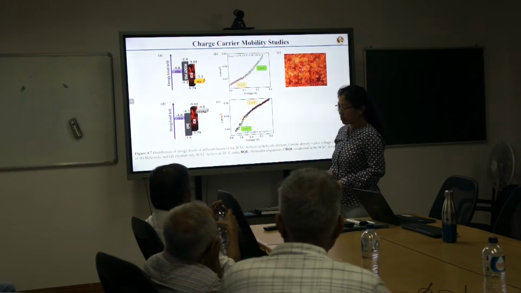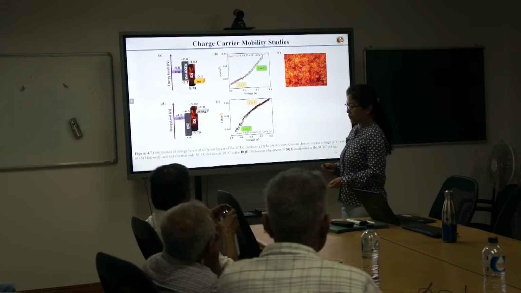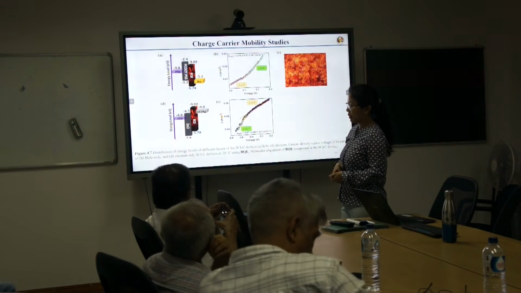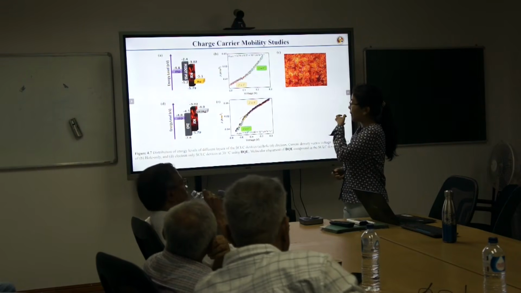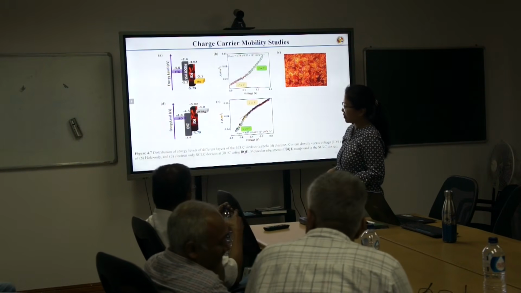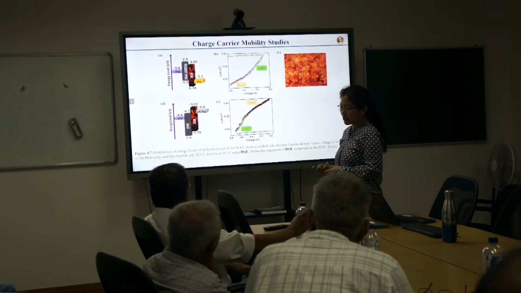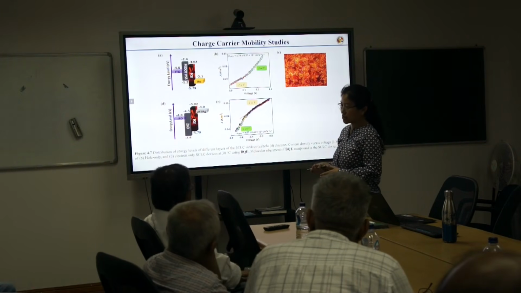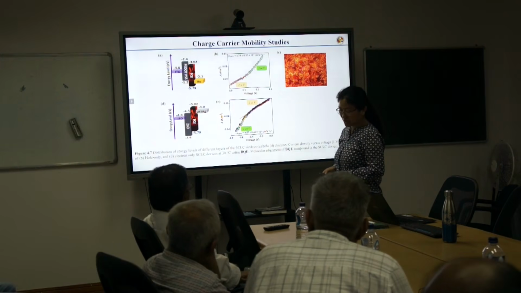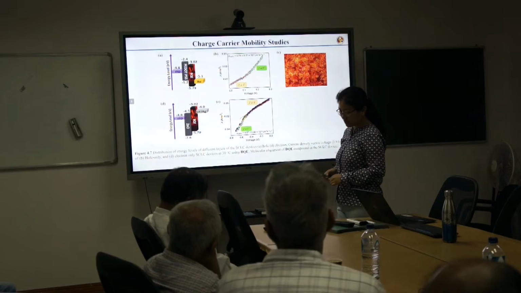I think it is solution processed. You didn't check with them which process they were following, right? But sir, the main purpose of making liquid crystalline molecules is to make them solution processable. So I think it makes sense to say that it was solution processed.